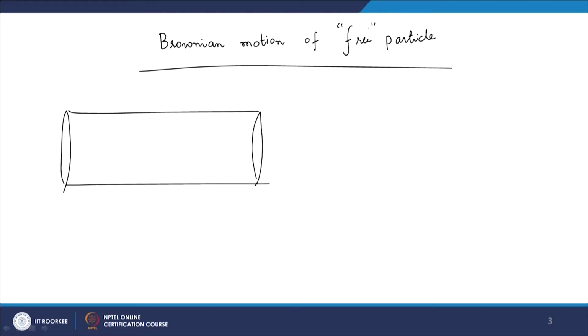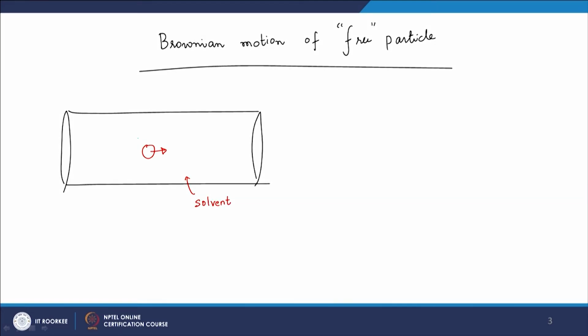The key point is that it contains some solvent and just one particle, a solute particle that is moving in the solution. That is why we call it a free particle. So, it has a particle that is moving in a solvent.